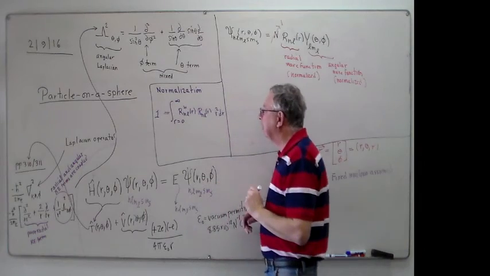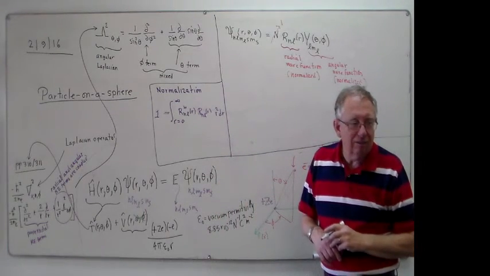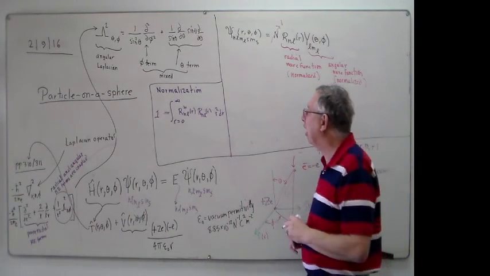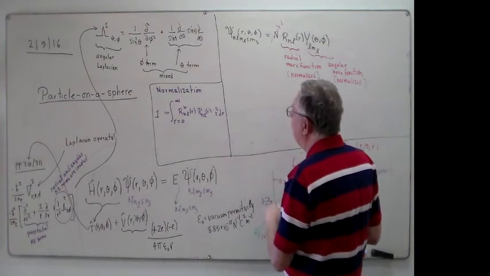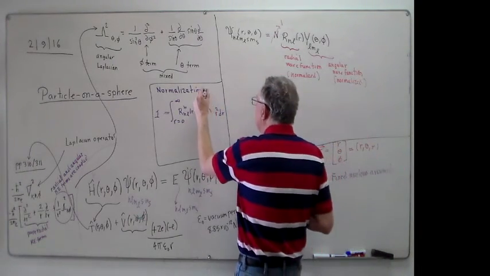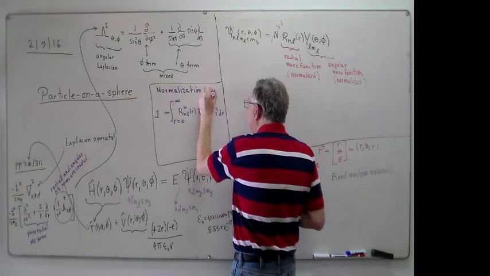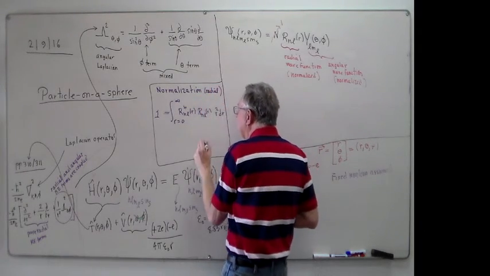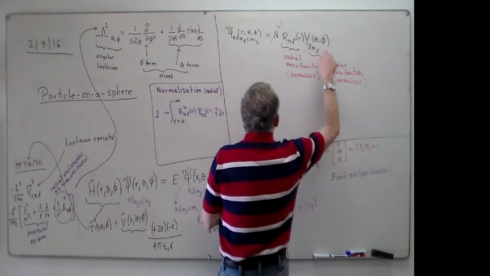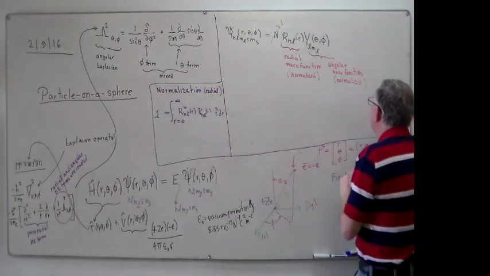Radial normalization means that. Okay, and we've just assumed that. And then angular normalization, we do the same thing for these things.